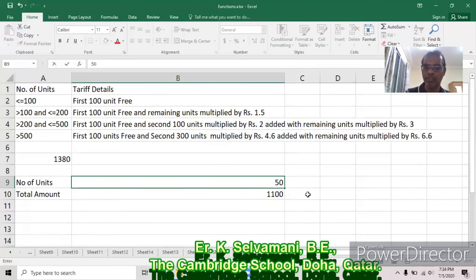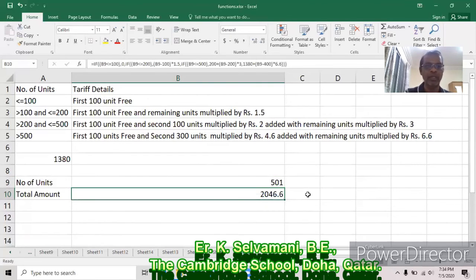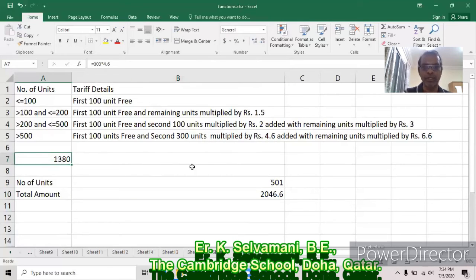What will happen, sir, if the number of units is 501? It gives 2046.6. See here, first 100 units free. The next 300 units multiplied by 4.6 gives 1380. Then out of this, 100 plus 300, 400 units are over. The remaining units will be 101.